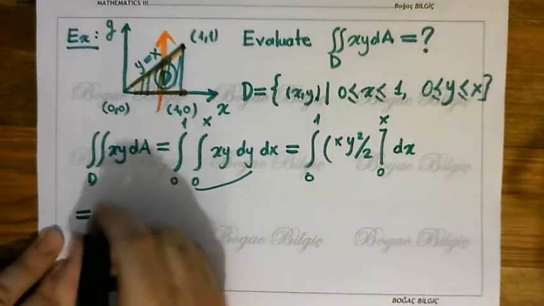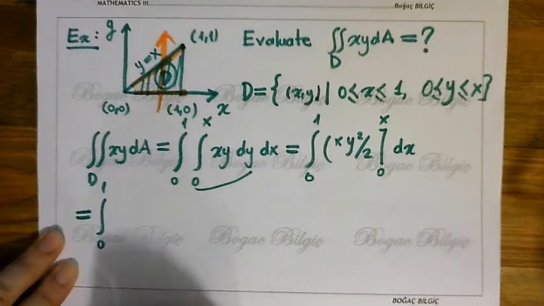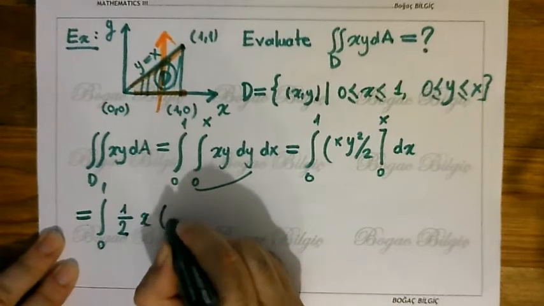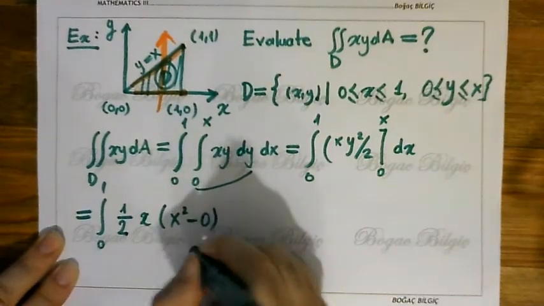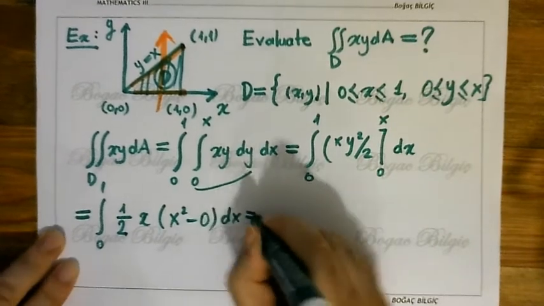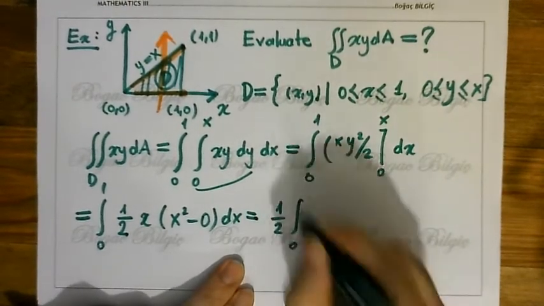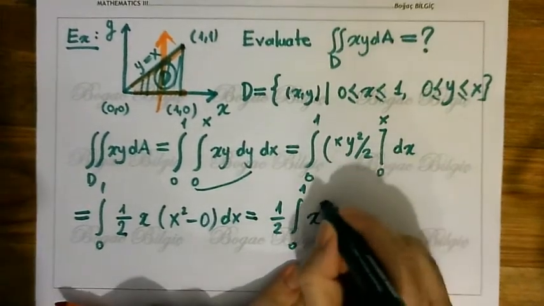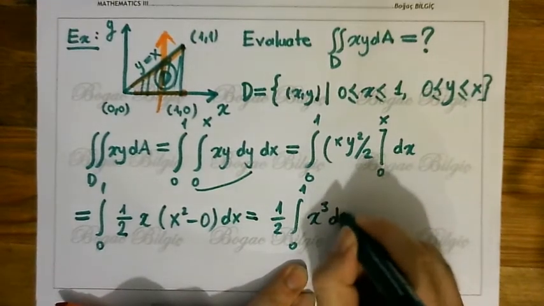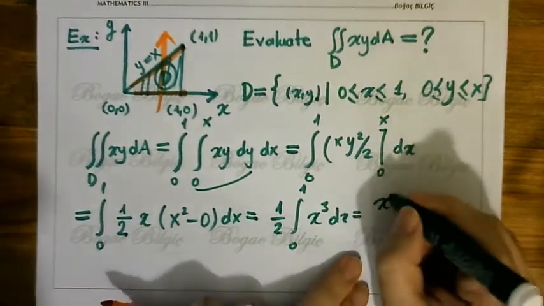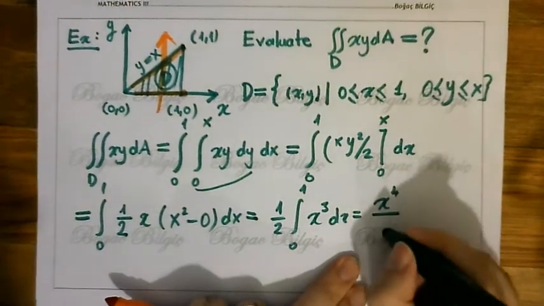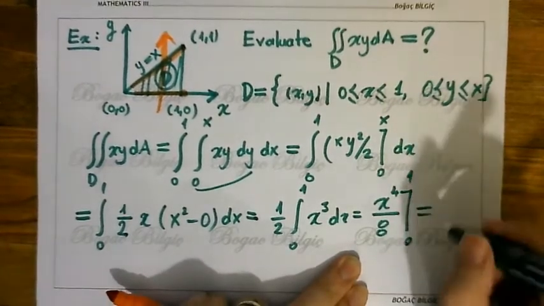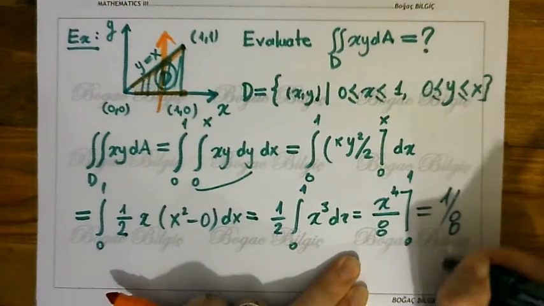So it is equal to the integral from 0 to 1 of 1 divided by 2 x cubed dx, which is x to the fourth divided by 8 from 0 to 1, equal to 1 divided by 8.